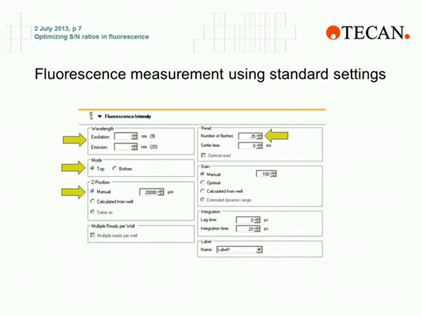Then we will look at the effect of multiple reads or the number of flashes. And last but not least, especially for cell-based assays, we've implemented a feature called optimal read. But let's start with the most important one, the wavelength.